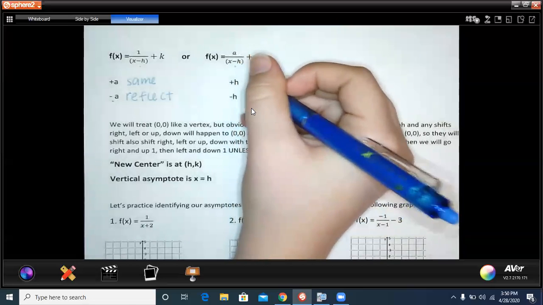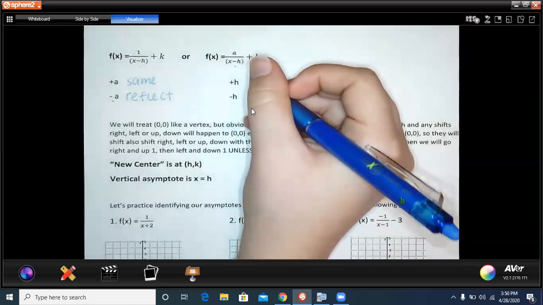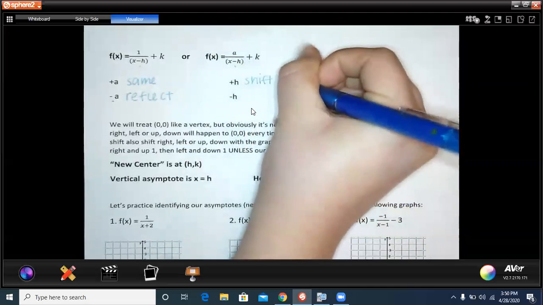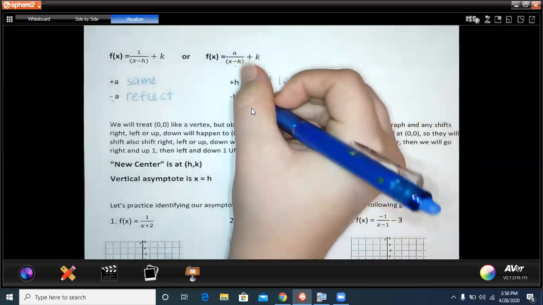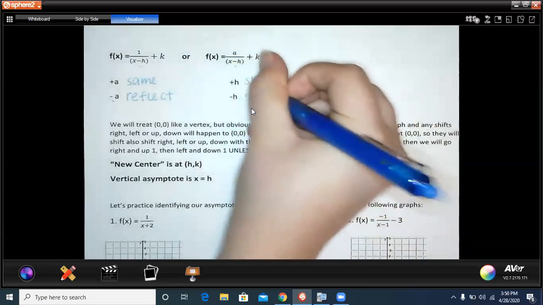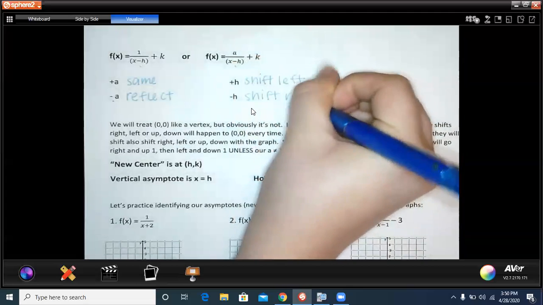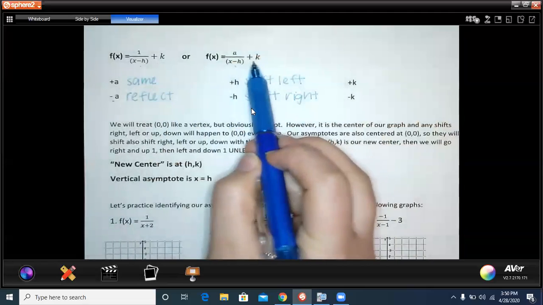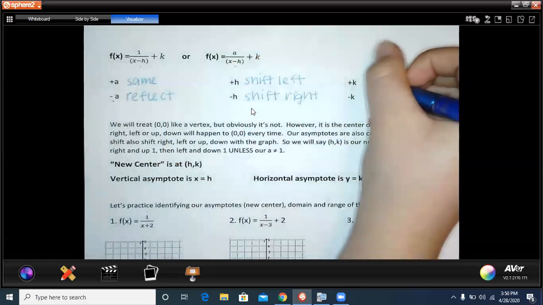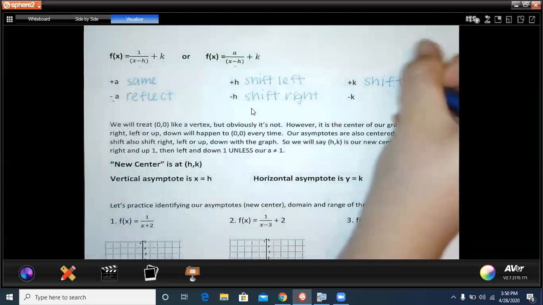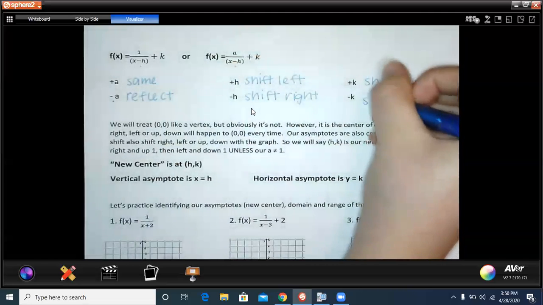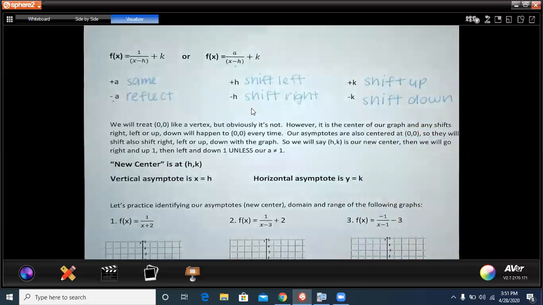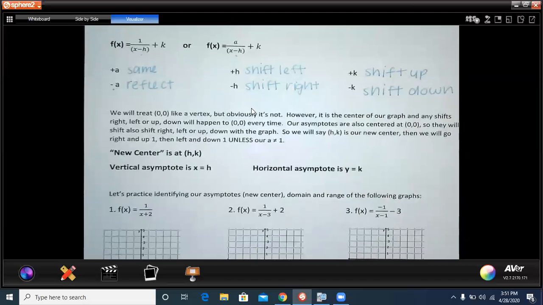So if it says plus, then that really means that we shift left. And if it says minus, that really means positive, which would mean we are shifting right. And then k, our number out here on the end, if it's positive, tells us to shift up. If it's negative, it tells us to shift down. So still our same rules apply.